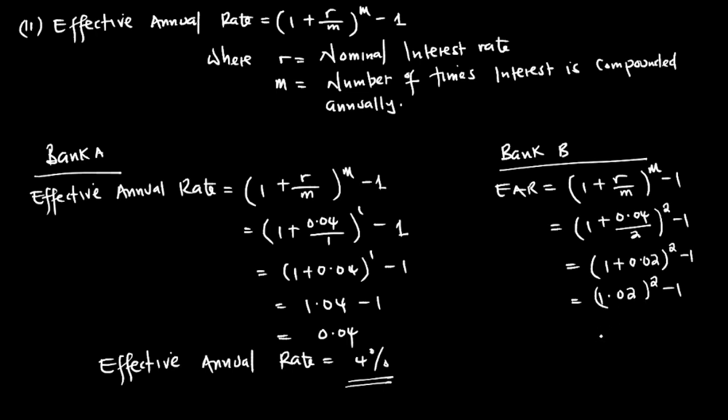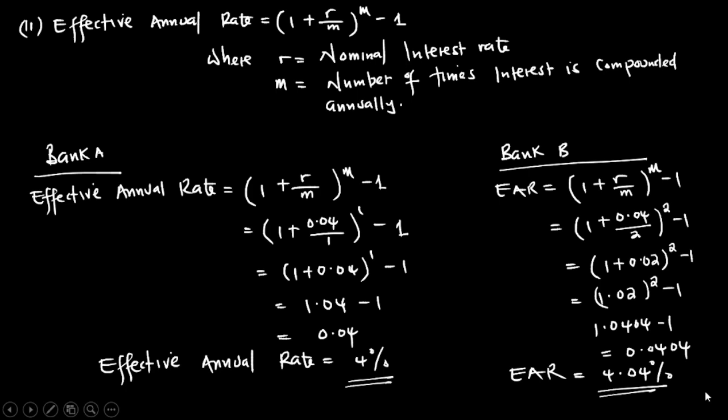We're going to have 1.0404 minus 1, which is going to give us 0.0404. If you multiply by 100, you discover the effective annual rate will be 4.04%. That's for bank B.